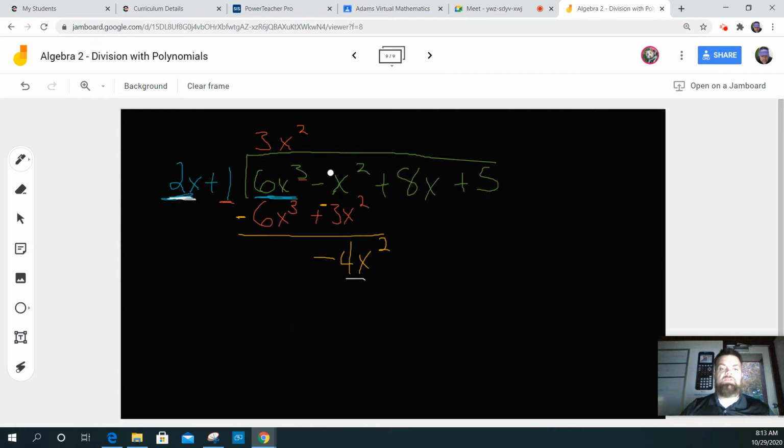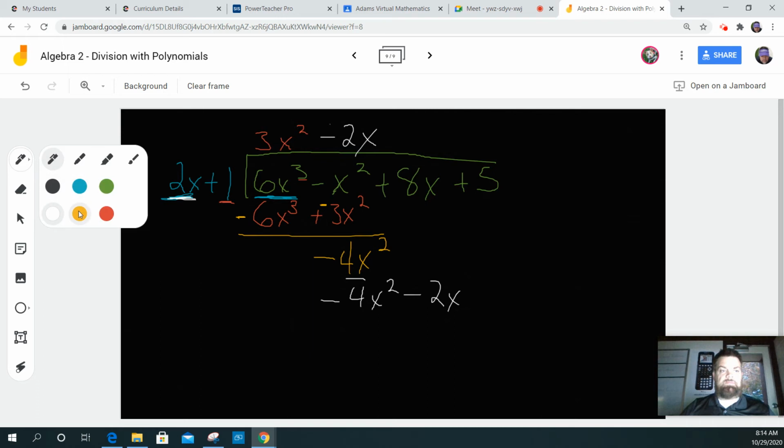So what I'm going to do then is I know that negative 2x will give me my negative 4x squared. Then I got to multiply negative 2x by 1, which is just negative 2x. So then I find my like term, right, which is 8x, and I bring that down.